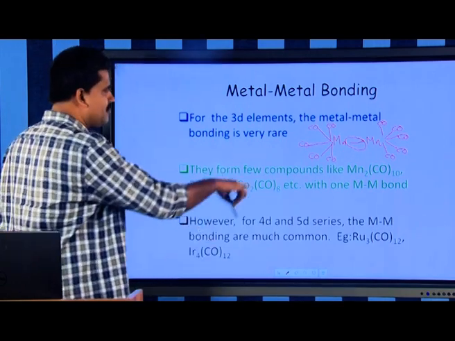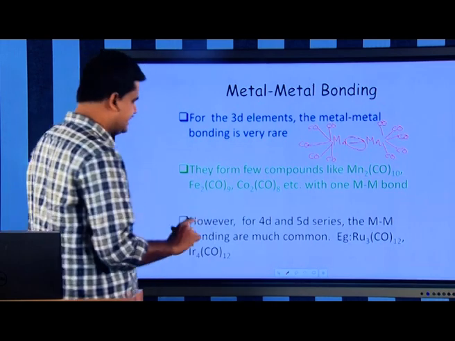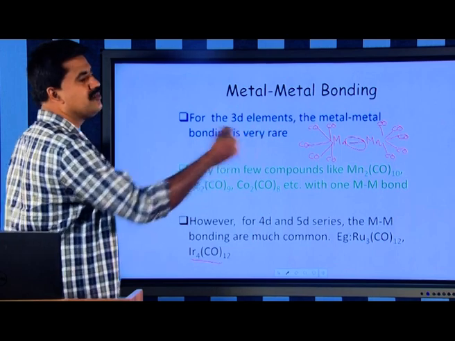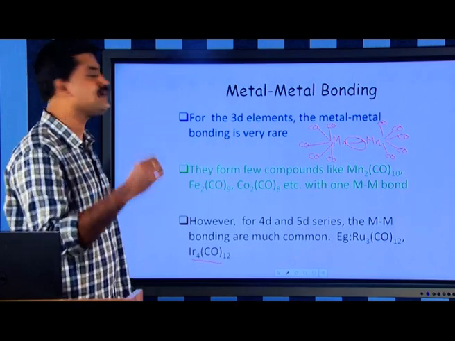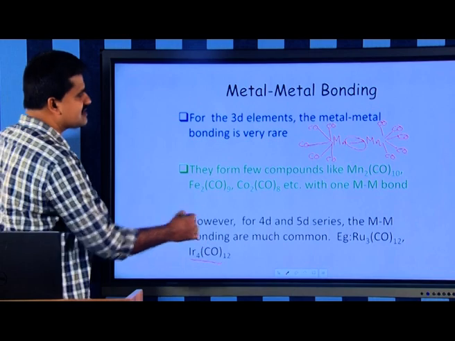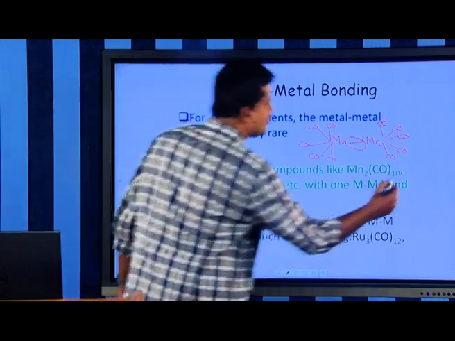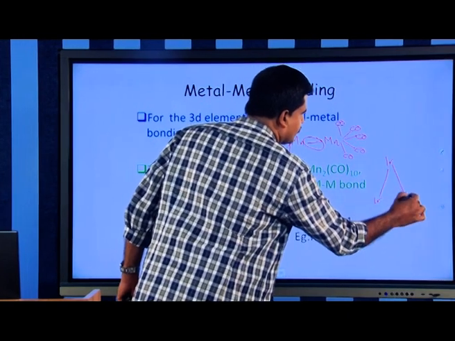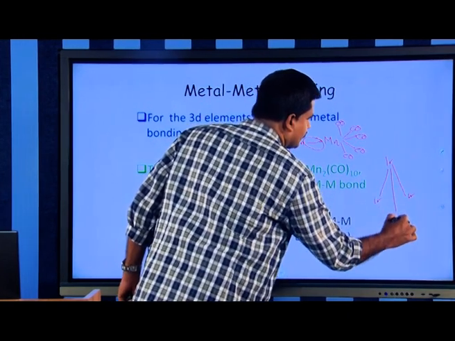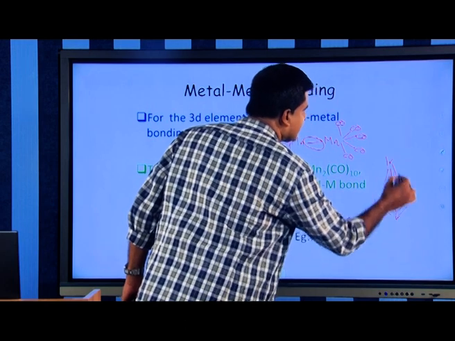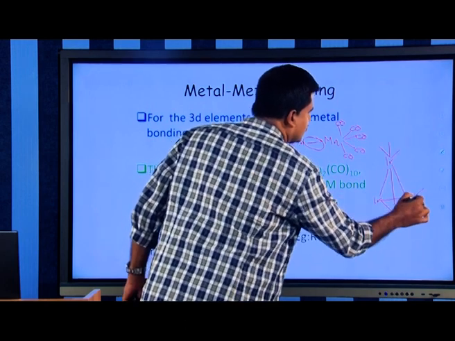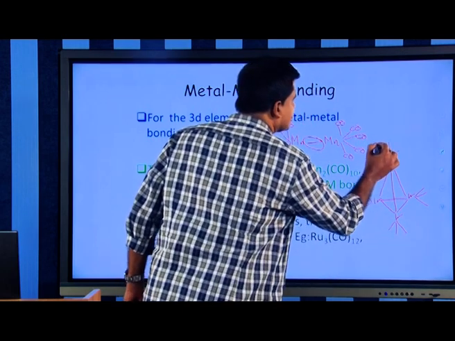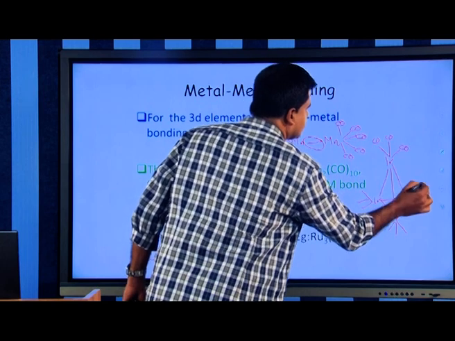However, moving on to the 5d series, for instance iridium, we can see many metal-metal, or iridium-iridium, bonds. I am simply representing the structure of Ir4(CO)12. It is in a tetrahedral arrangement. All these are carbon monoxides.